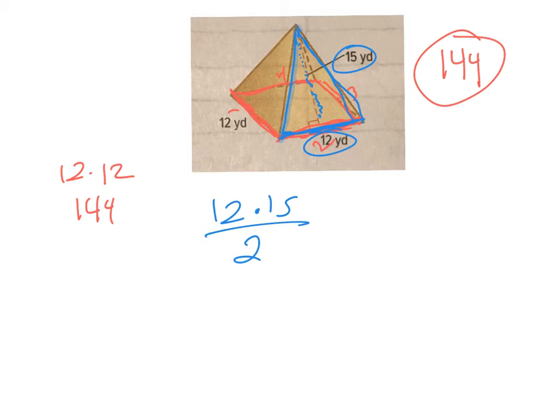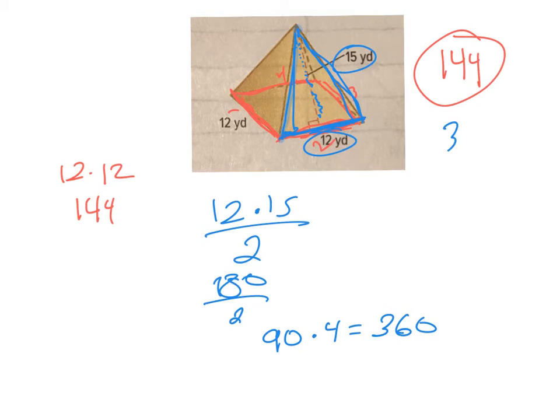And we have 12 times 15 equals 180, divided by 2, and that gets me 90. So one of the triangles is 90, but we have 4. So we do 90 times 4, and that gets me 360 for all 4 sides.